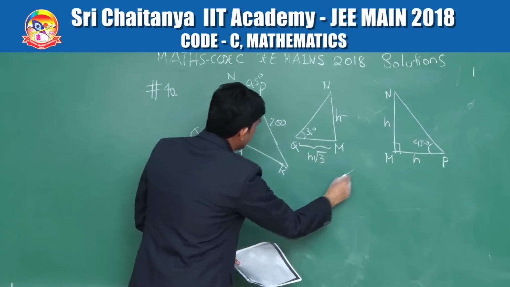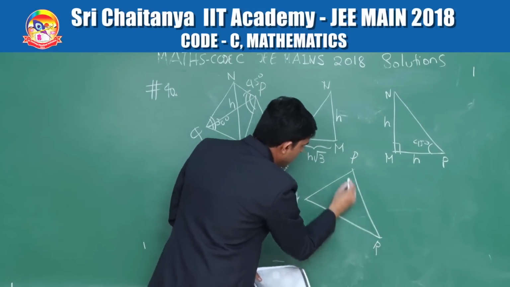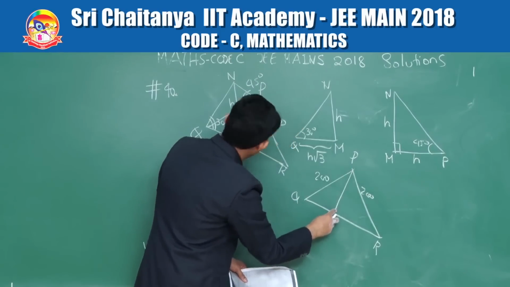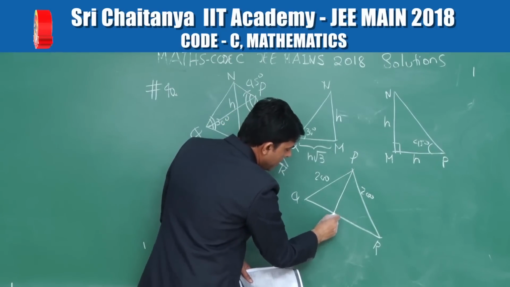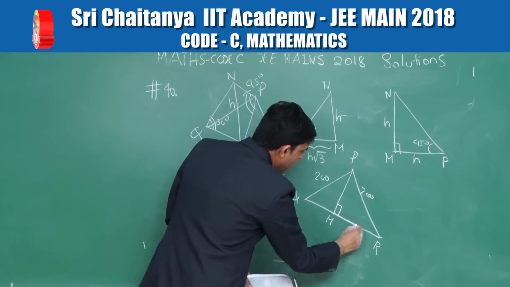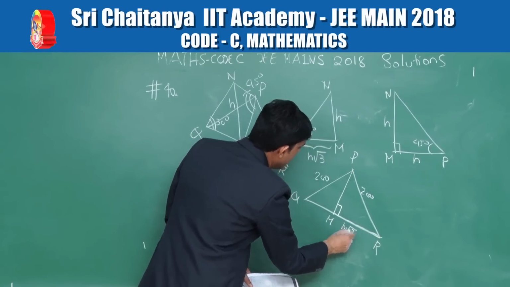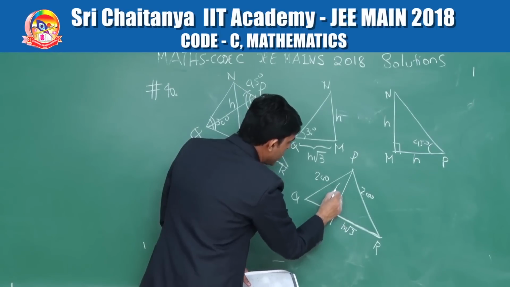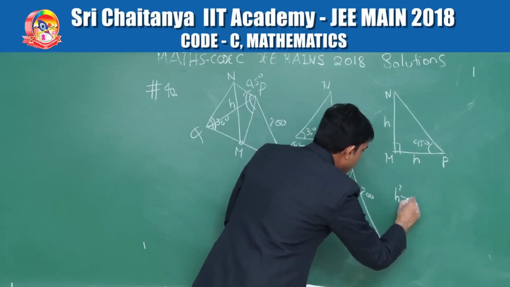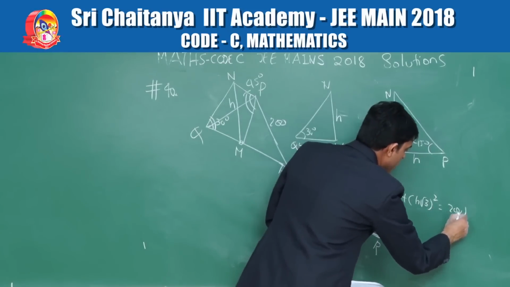Now let's take the original triangle, that is P, Q, and R. As the triangle is isosceles, we know that this height PM, M is the midpoint, so PM is the altitude, and so MR happens to be h root 3, same as MQ, and MP happens to be h, and so we have the right angle triangle PMR, which gives h squared plus h root 3 squared equals 200 squared.